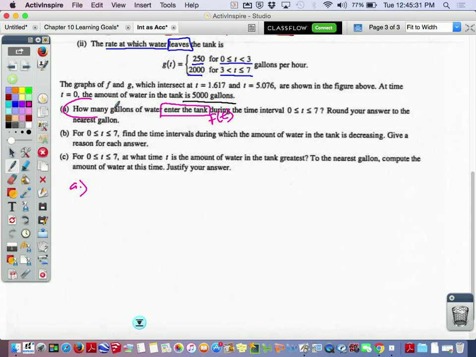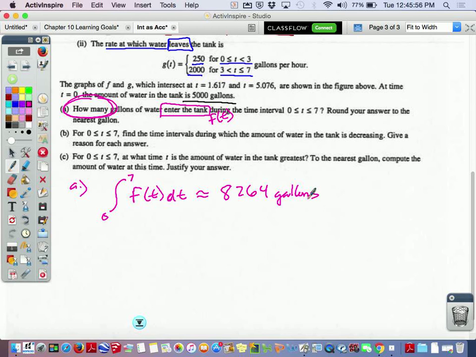So again, how many? This is the common question. How many? I need to integrate over the rate. So we're going to do the integral from 0 to 7 of our function f of t dt. And that comes out with a rounded answer. I'll do approximate here because it's not exactly that because we're rounding: 8,264 gallons.